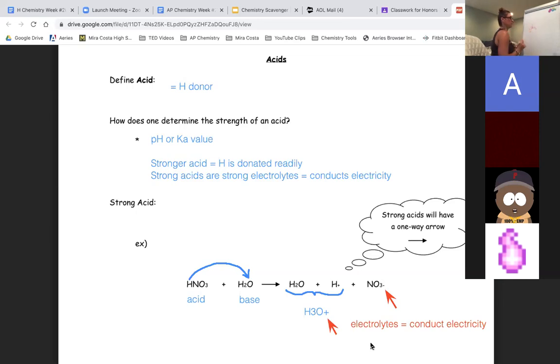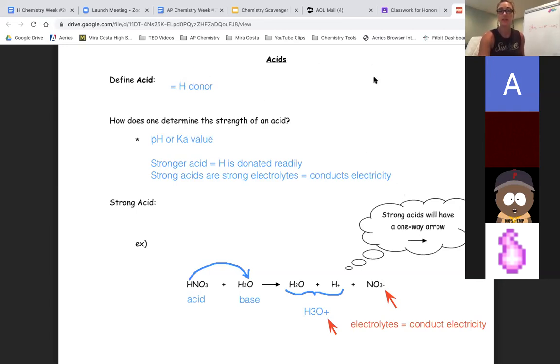It dissociates, and it's a one-way reaction where the hydrogen and the nitrate are separate now. So a strong acid is like the hydrogen breaks up with the rest of the molecule. It never looks back. They break up and they never get back together. That's a strong acid. So it's always a one-way arrow if there's a strong acid involved, okay?